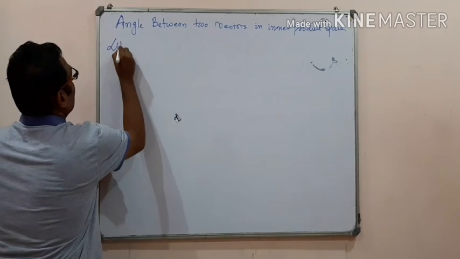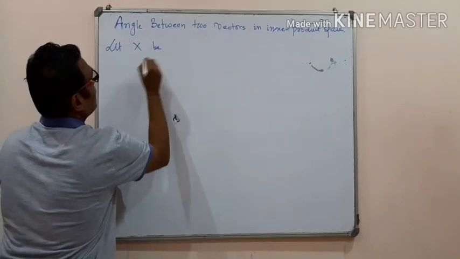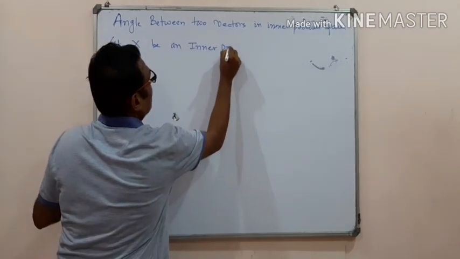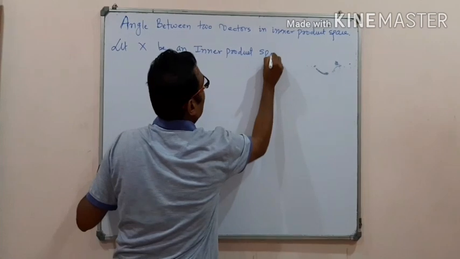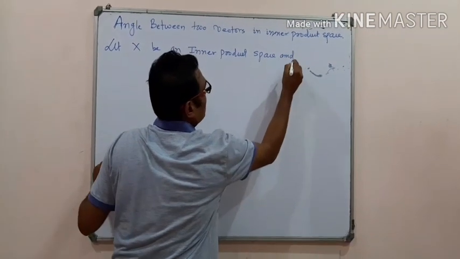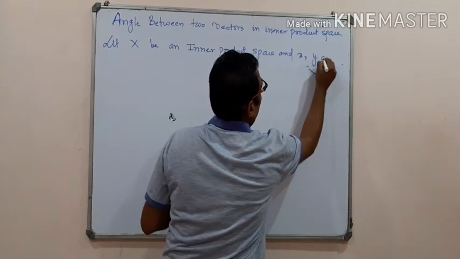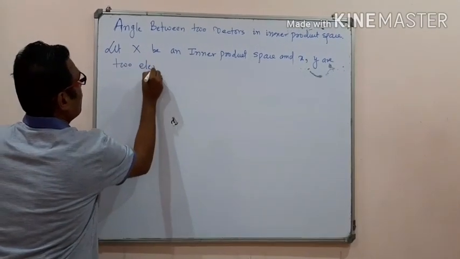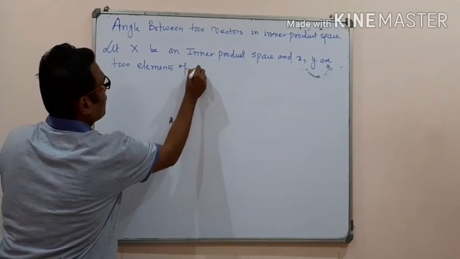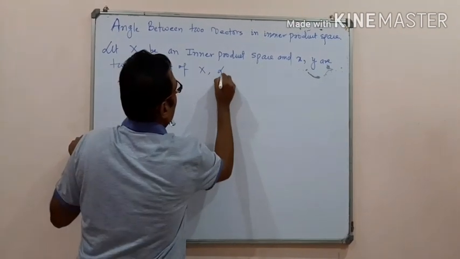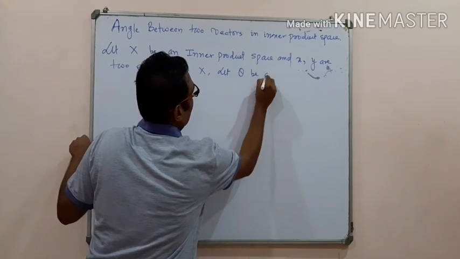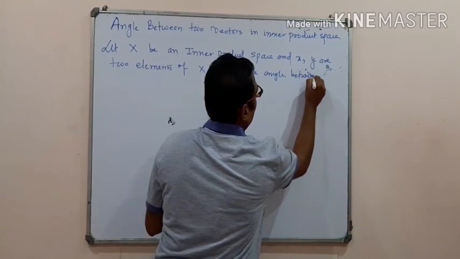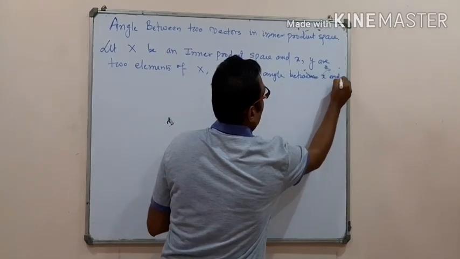So, let capital X be an inner product space and small x and small y be two elements of capital X. Let theta be the angle between x and y.